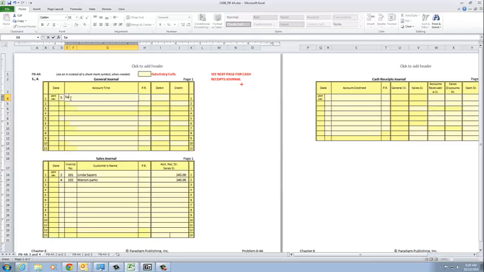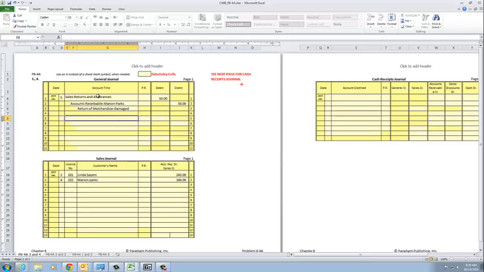On the 5th, we will debit sales returns and allowances for $50, and then we will credit accounts receivable, Marion Parks, for $50. And we'll put an explanation: return of merchandise. Actually, it was damaged, so we'll put that notation there.